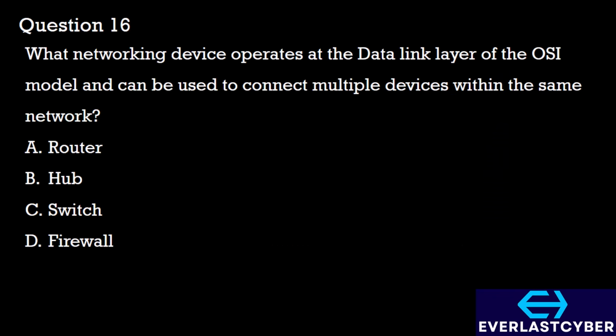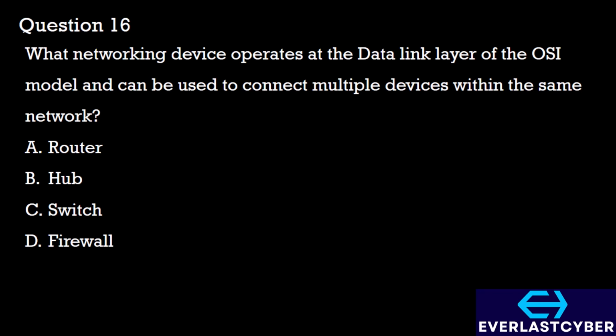Question 16. What networking device operates at the data link layer of the OSI model and can be used to connect multiple devices within the same network? A. Router. B. Hub. C. Switch. D. Firewall. A router operates at layer 3, which is the network layer, so this is not the answer we're looking for.